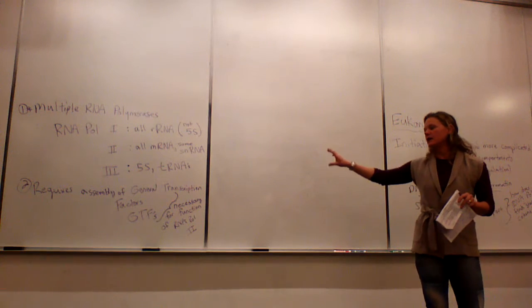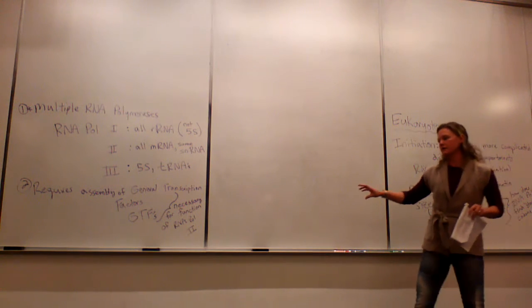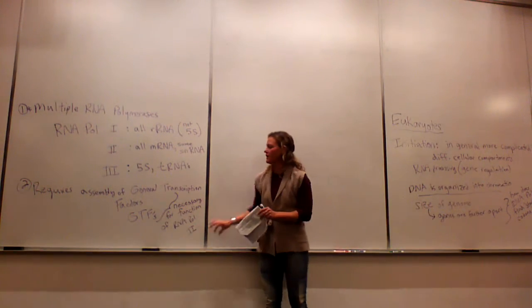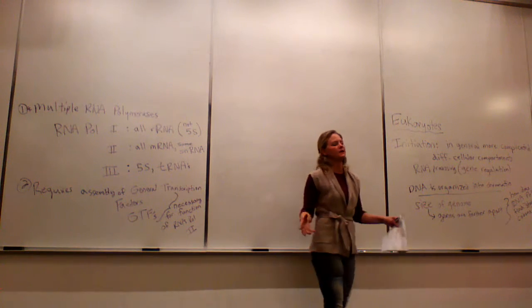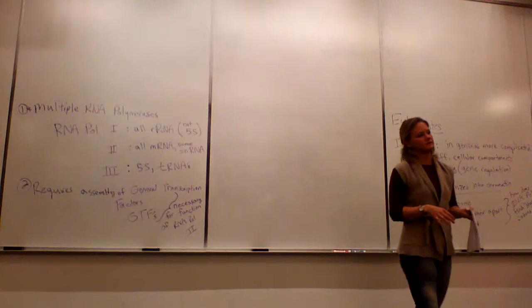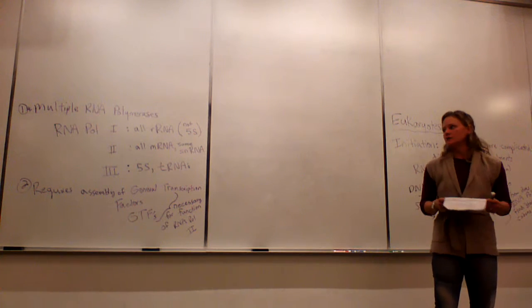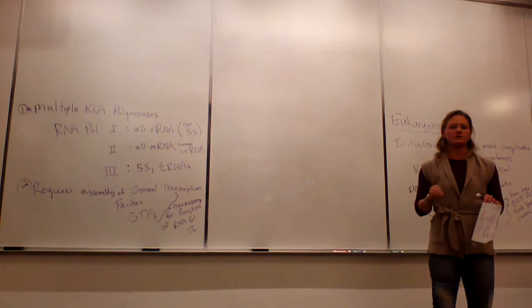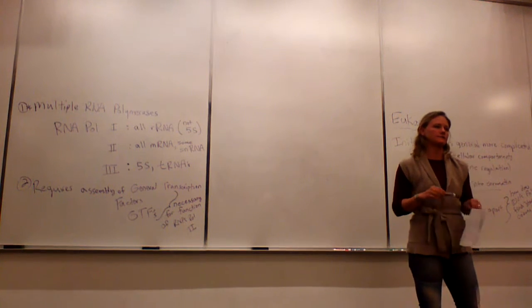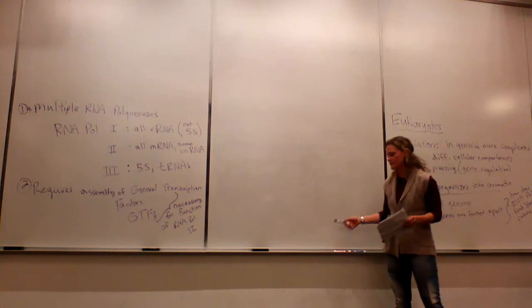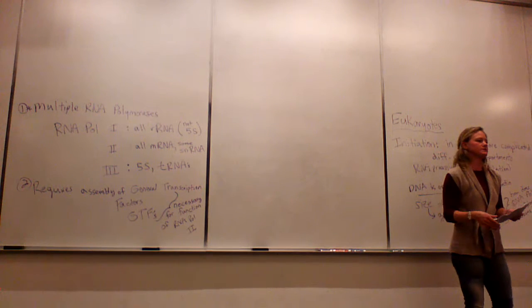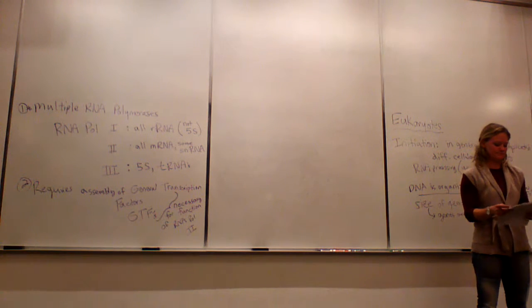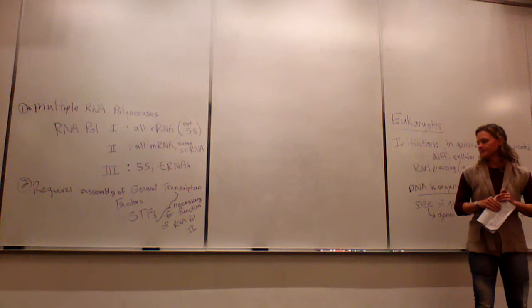To help ensure the process is accurate, this whole assembly of helpers is needed, and they help find that needle in a haystack as well. So it's not just RNA polymerase doing this job all by itself. That's the general concept behind why you would add in all these other proteins to the process.